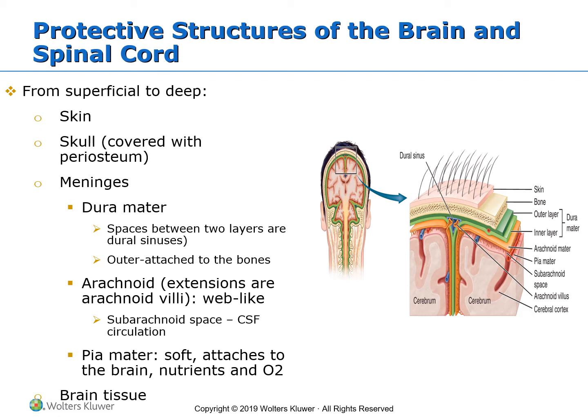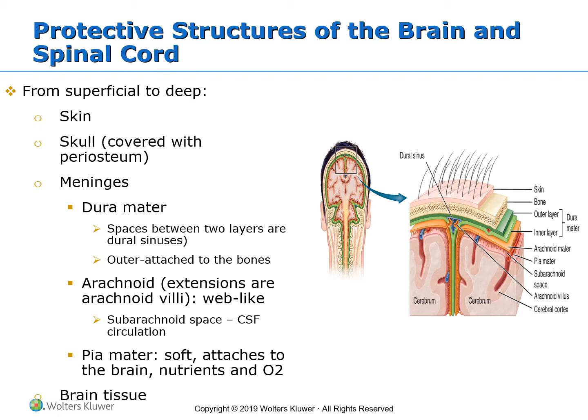Going from the outside in, we have the dura mater. It means the tough mother in Latin, and it's a thick and very tough type of connective tissue. Around the brain, the dura mater is made of 2 layers.